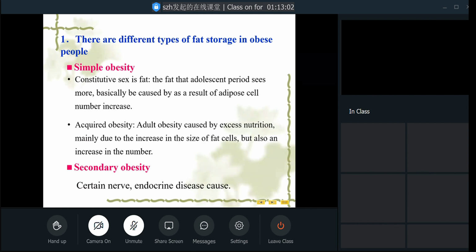Another thing is acquired obesity, or adult obesity, caused by excessive nutrition, mainly due to an increase in the size of the fat cells, but also an increase in number. And secondary obesity is caused by certain nerve or endocrine diseases.